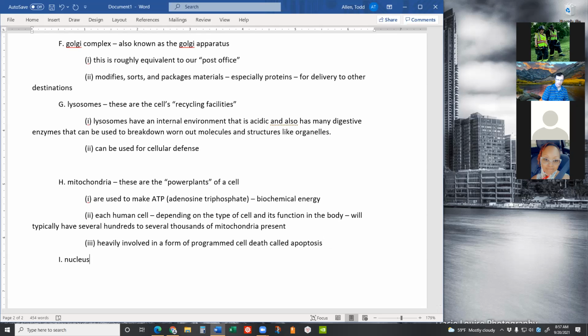The nucleus is a membrane-bound organelle, which is the primary location for most of your cell's DNA.